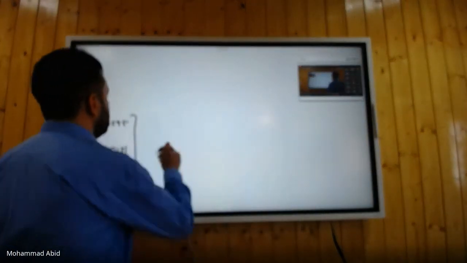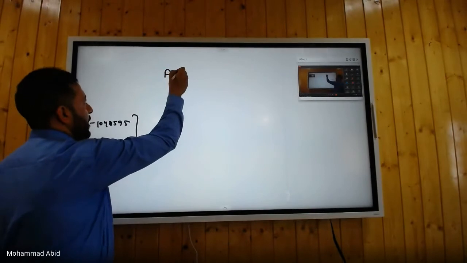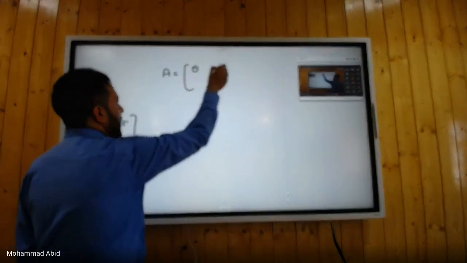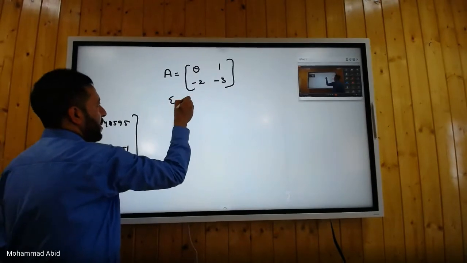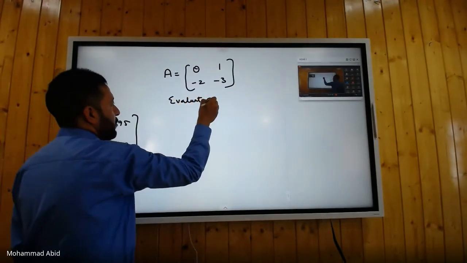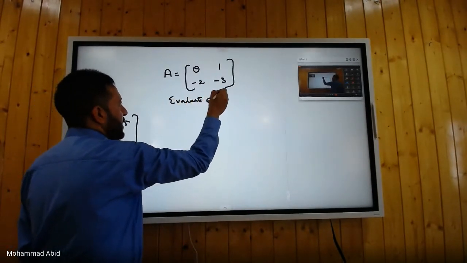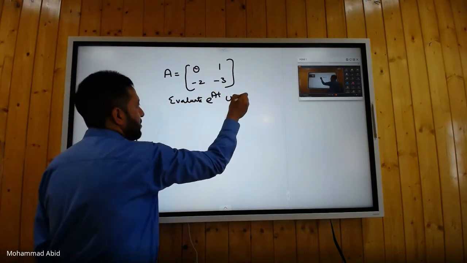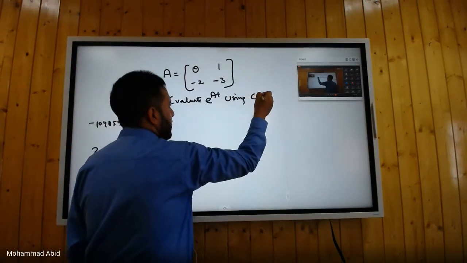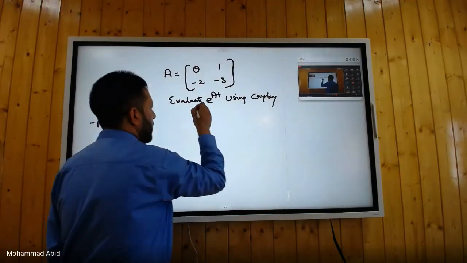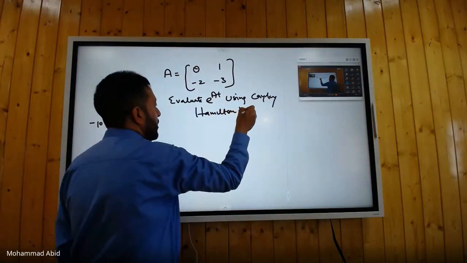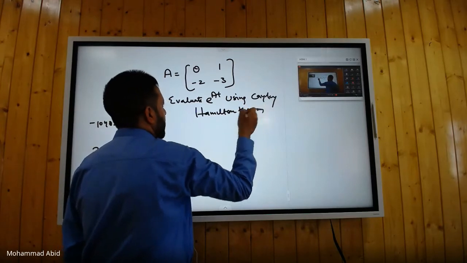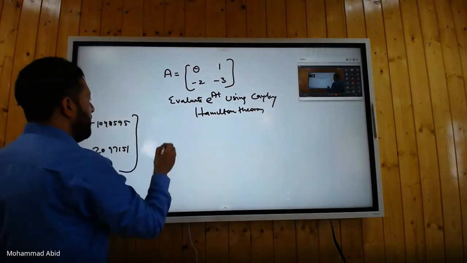So suppose for this same problem, A was given as 0, 1, minus 2 and minus 3. If I have to evaluate e to the power At, that is the state transition matrix, using the Cayley-Hamilton theorem, how will I do it? Tell me the steps. What is F(A) here?